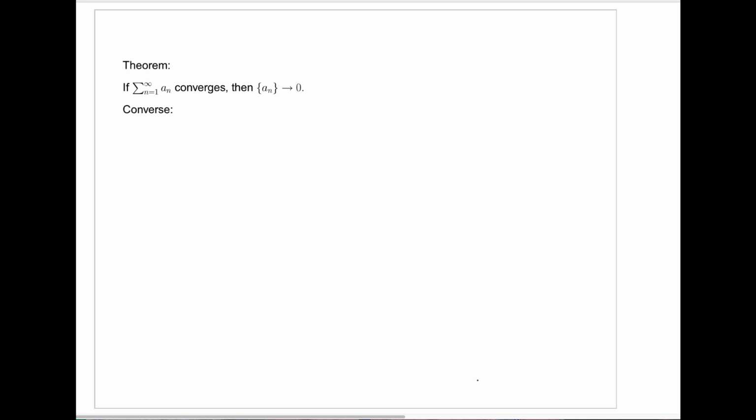The converse is very different. We ask the question, if the sequence a sub n has limit 0, must the series converge?